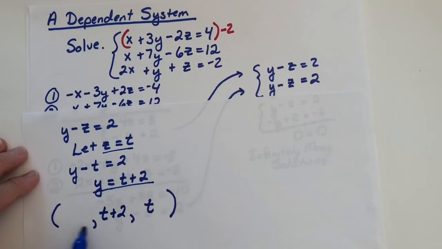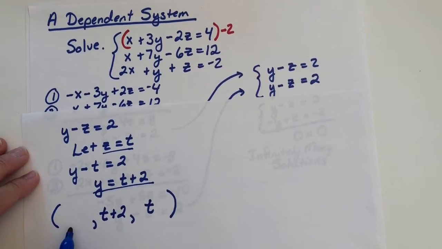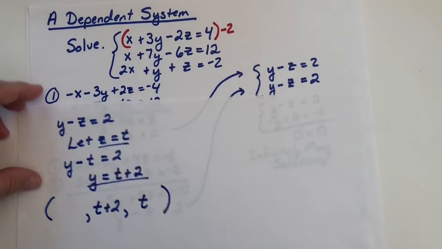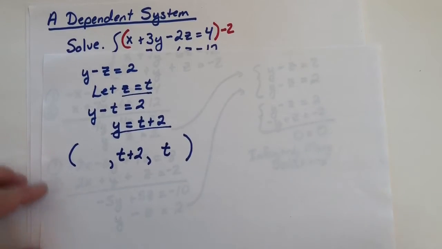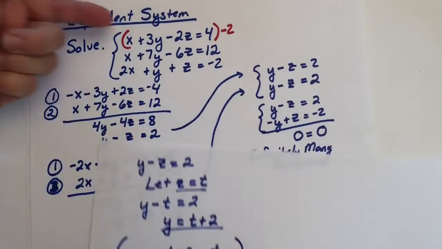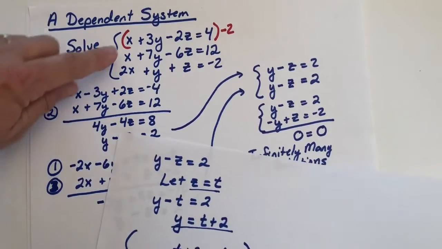I need to figure out what x is with respect to that same parameter. So we substitute t and t plus 2 into any of the equations you like. I'm just going to use equation number 1.